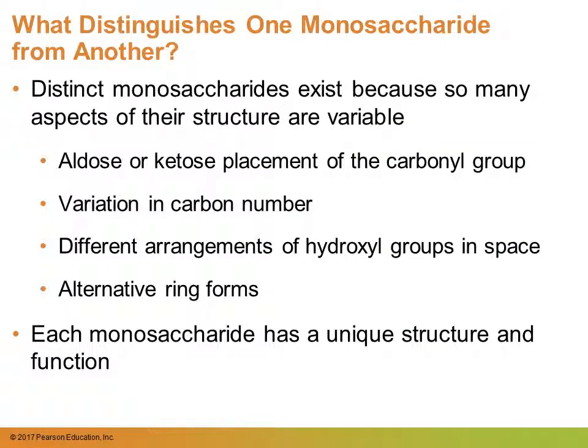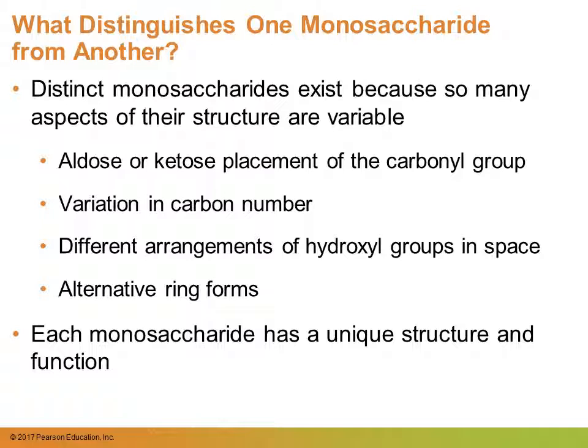So what distinguishes one monosaccharide from another? So let's go over this again. Number 1, the location of the carbonyl group. Is it at the end or is it in the middle of a sugar? In other words, is it an aldose or a ketose? Number 2, the variation in carbon number.